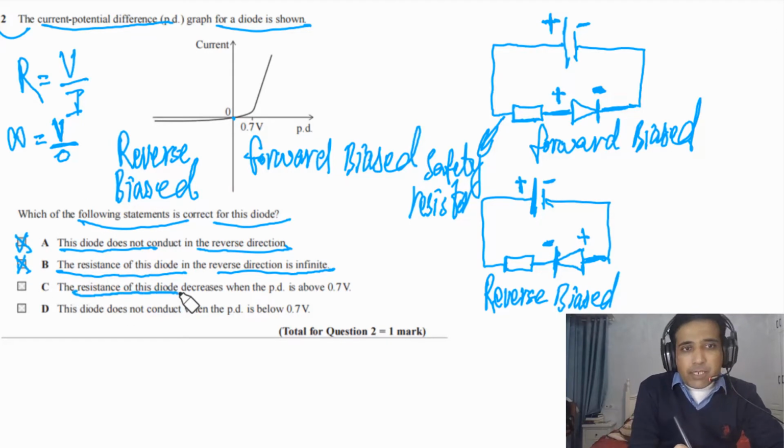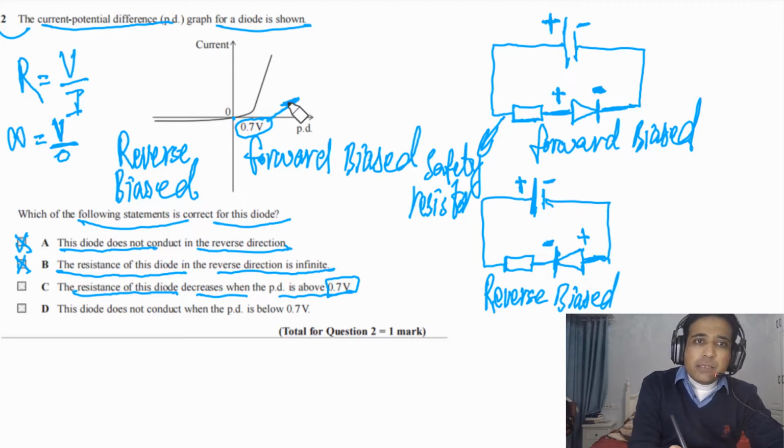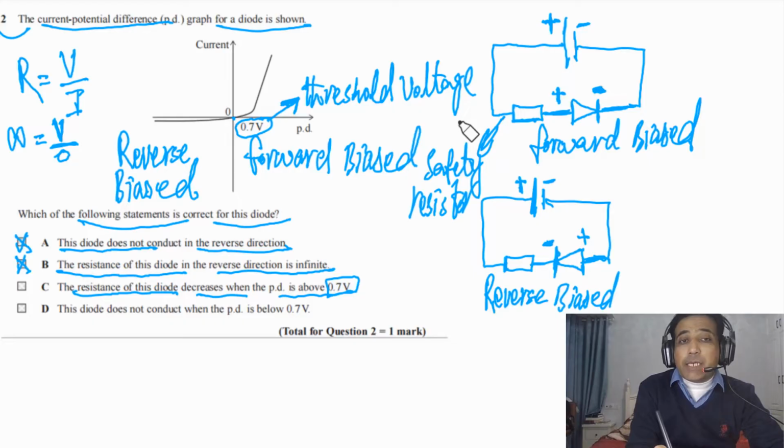The resistance of this diode decreases when the PD is above 0.7 volts. 0.7 volts has a special name. We call this the threshold voltage. After that we can see current increases rapidly.